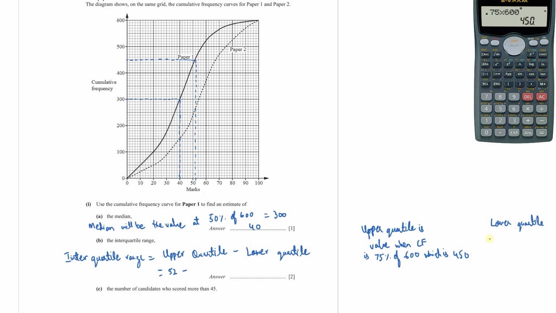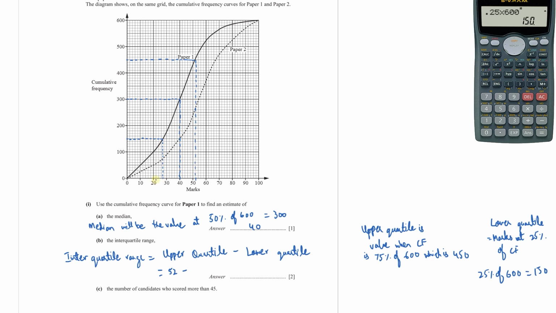Lower quartile equals the marks at 25% of cumulative frequency. So 25% of 600: 0.25 into 600 is 150. You can see the graph at 150 is this, so it will intersect here in the middle of this small block.